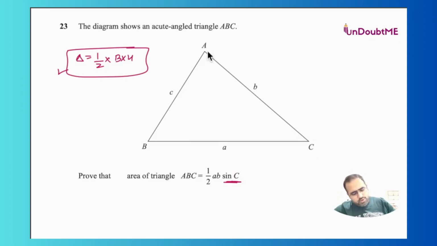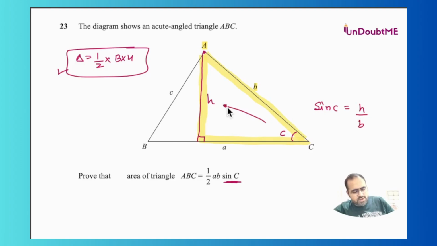So what you will do now, from point A, you will drop down a perpendicular. That perpendicular is like an altitude of a triangle. We can name it as H, and this angle is C. Just focus on this triangle for now. And with respect to this triangle, just let me know if this is clear or not. I can write sine C is equal to h over b.